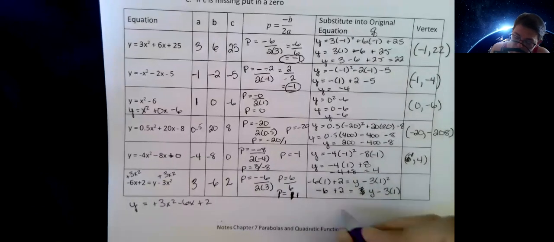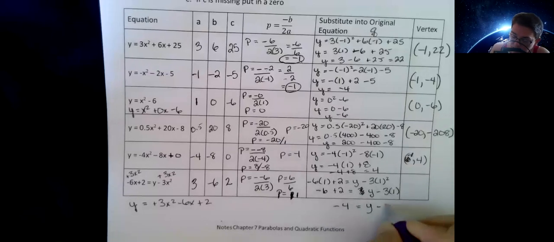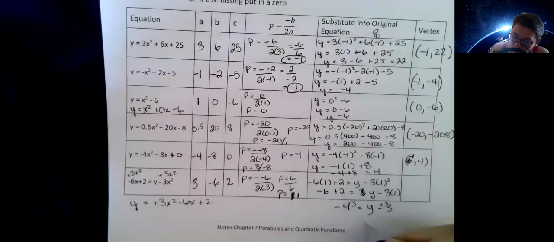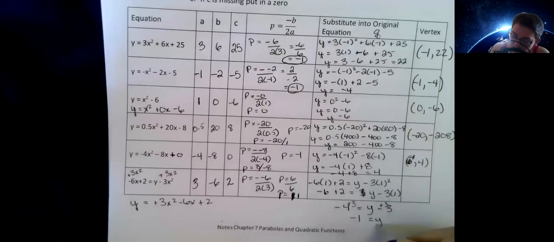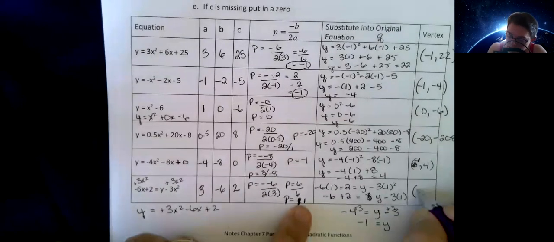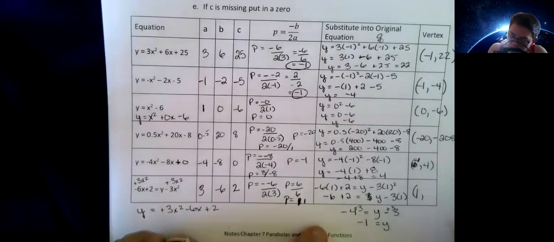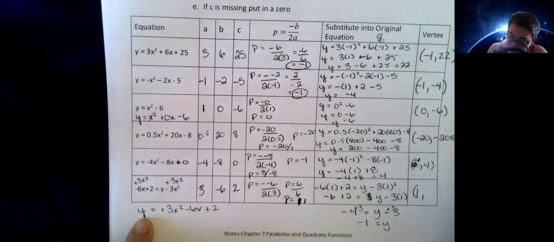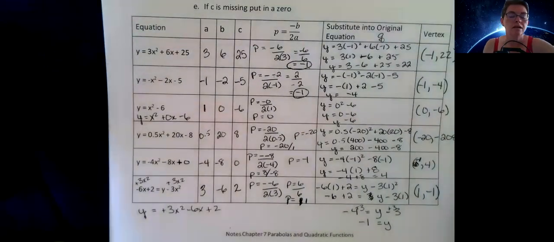So negative 6 and 2 is negative 4, is equal to y minus 3. Add 3, add 3, minus 1 is equal to y. So then my p was 1, my y or q is minus 1. And there we go. There is the end of the video.